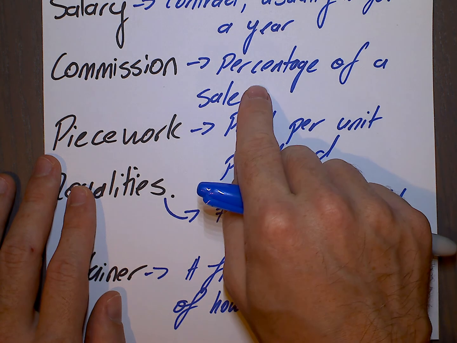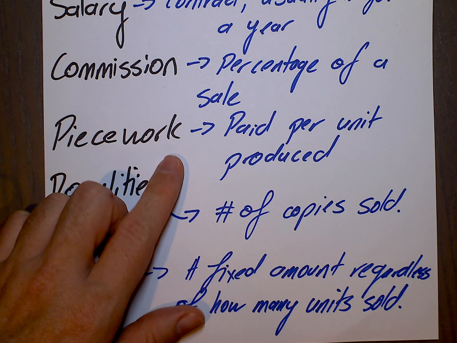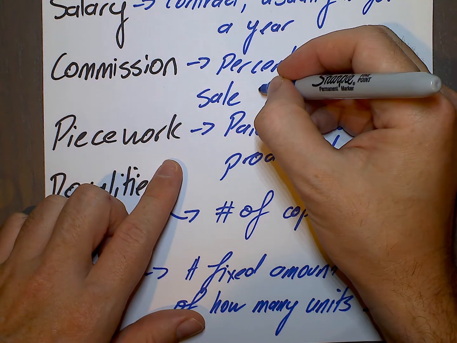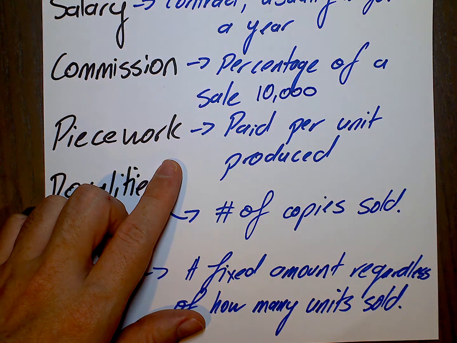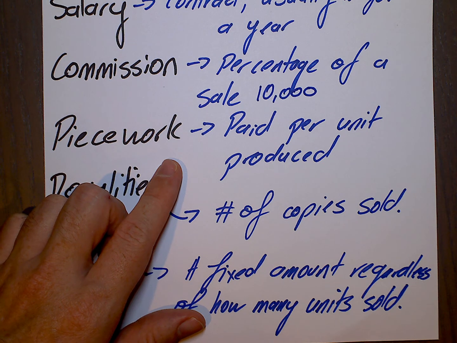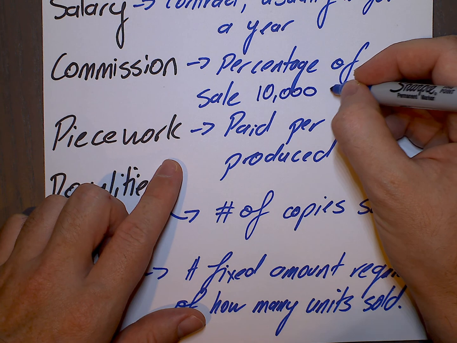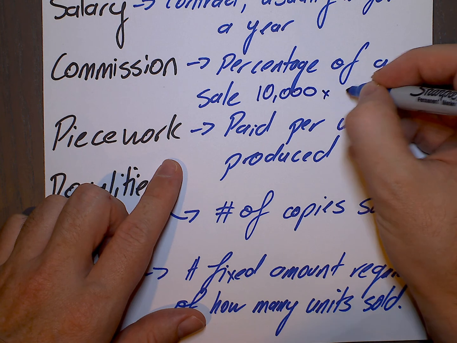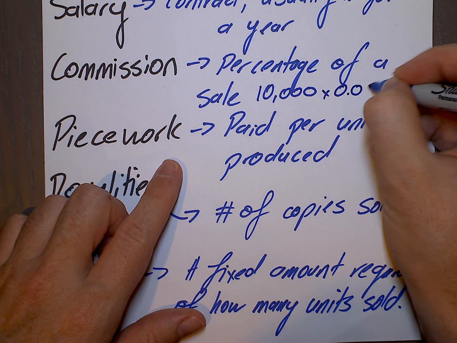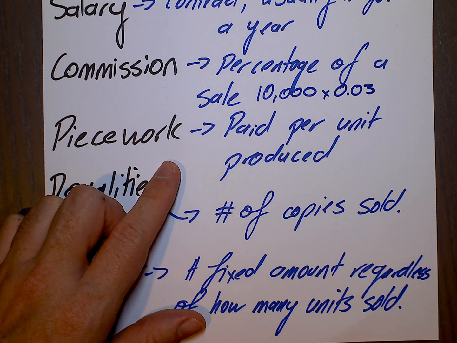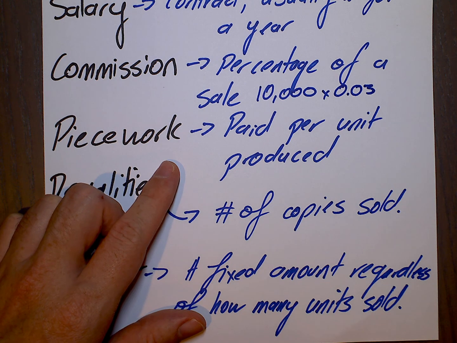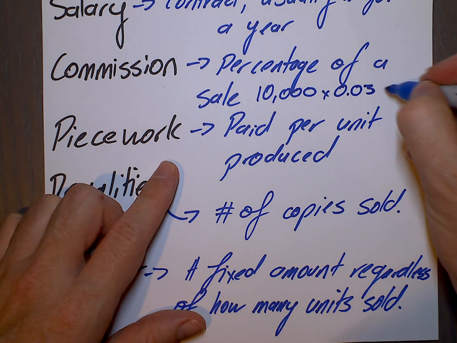So let's just say you sell $10,000 worth of equipment at JB Hi-Fi, and you are going to get 3% of that. Now, if we times that by 0.03, that would be 300, I believe. Let's just check that out. 10,000 times 0.03. Yep, $300. So you'd walk away with $300.